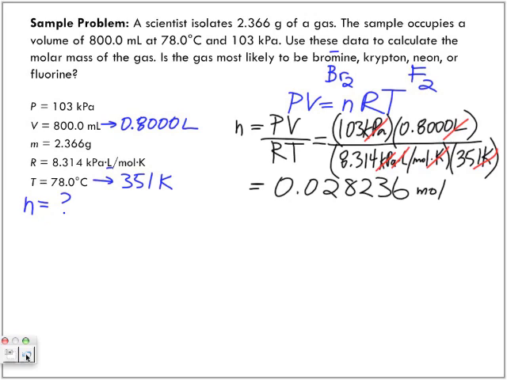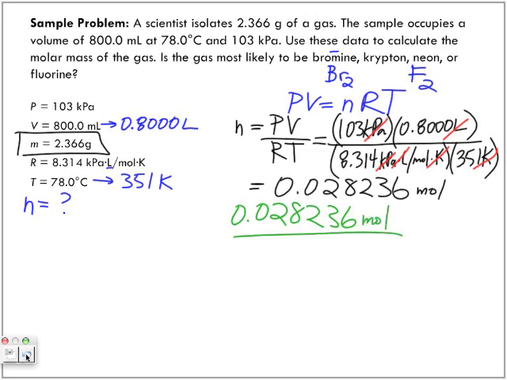We've got the number of moles. We've got the mass. So we can use those to find the actual molar mass of this gas. So we've got the end value, 0.028236 moles.